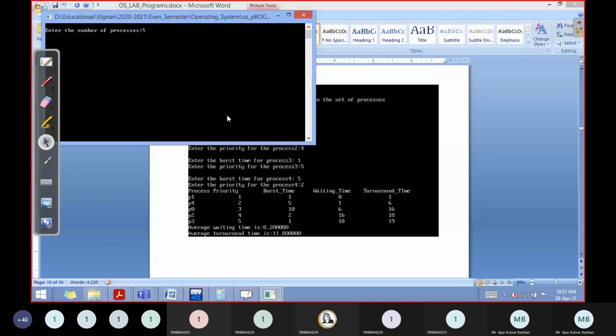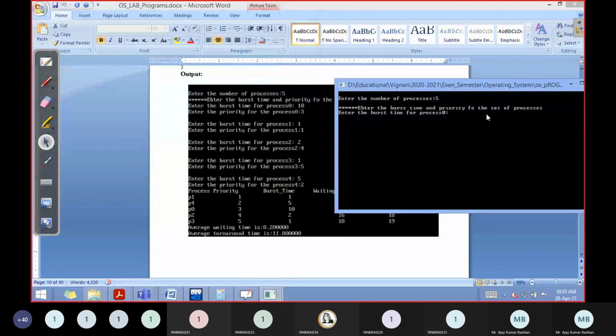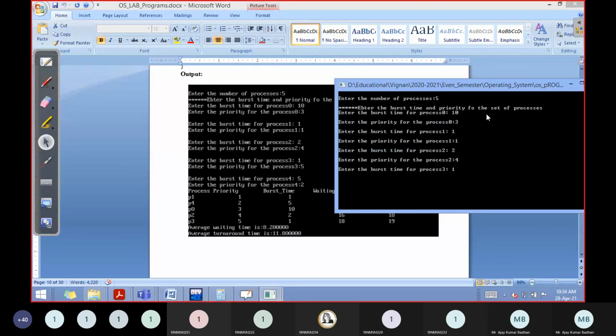Now enter the burst time for process 0. I'm giving it as 10. Then for process P1, the priority is 1. For process 2, the priority is 4. The burst time for process P3 is 1 and the priority is 5. And for process 4, we are giving 5 and 2.